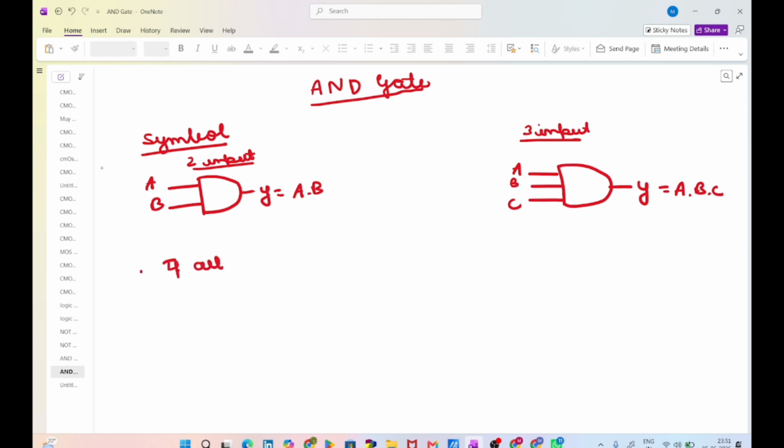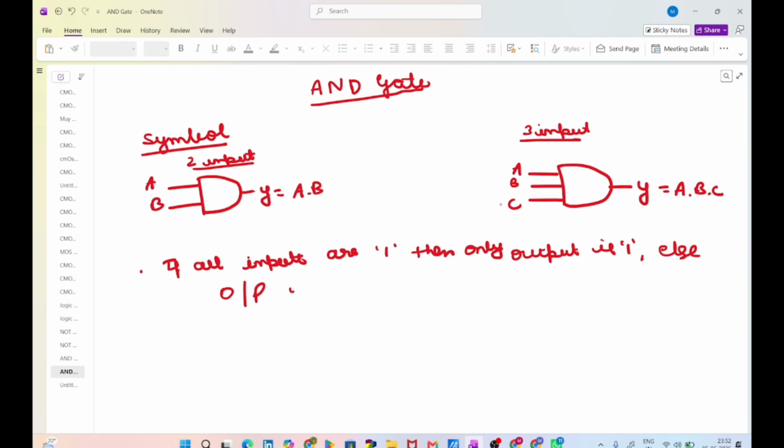If all inputs are 1, then only the output is 1. Else, the output is 0. That's it. I hope you understand that.